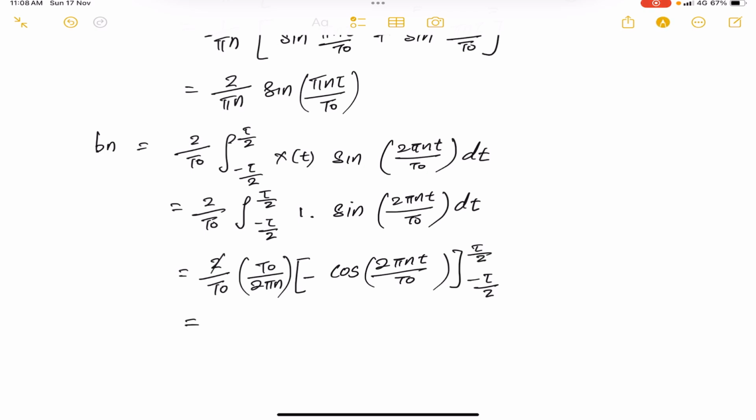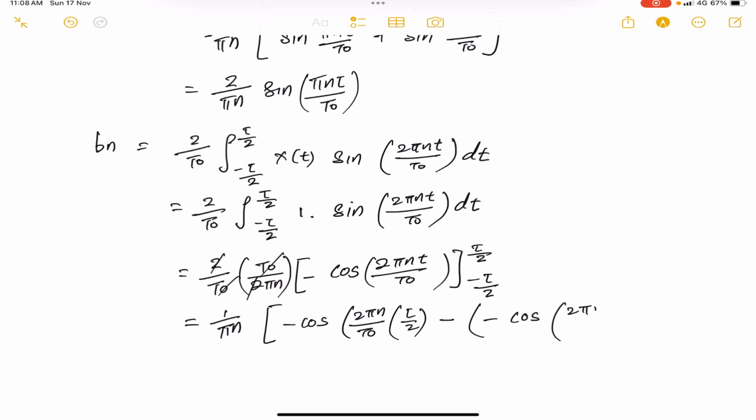Then you can simplify this one, then you get 1 over pi n negative cos 2 pi n over T0, you substitute the value of tau over 2, then minus cos 2 pi n over T0, now substitute with negative tau over 2.